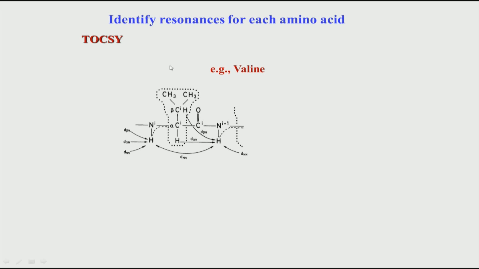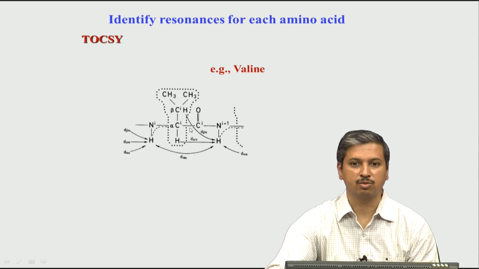Now let us see how a TOCSY spectrum will look like for some spin system. Remember, the moment we talk about TOCSY, the word spin system comes into the picture. As we discussed, each amino acid in a peptide is not coupled to the neighboring amino acid by J coupling, so you can say they are isolated spin systems.